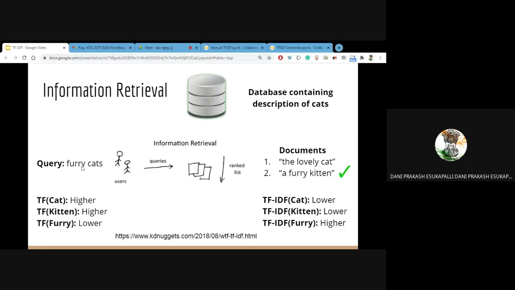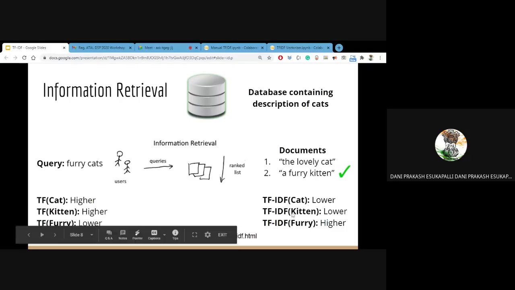The important word is furry, the most discriminative word. Kitten is also a frequent word, but furry is not a frequent word, and since furry has more discriminative power, its TF-IDF will be higher.